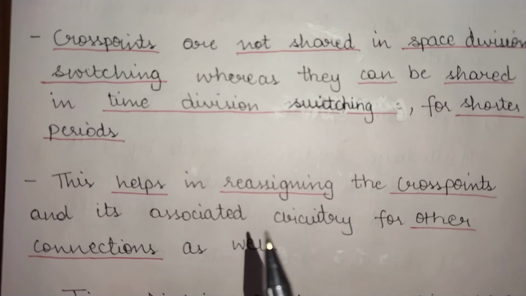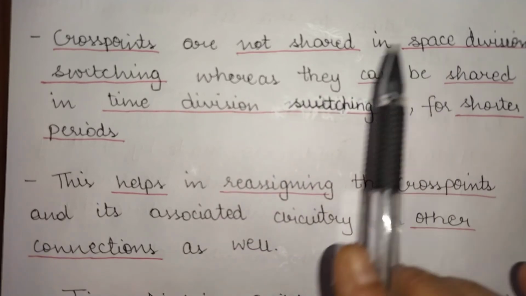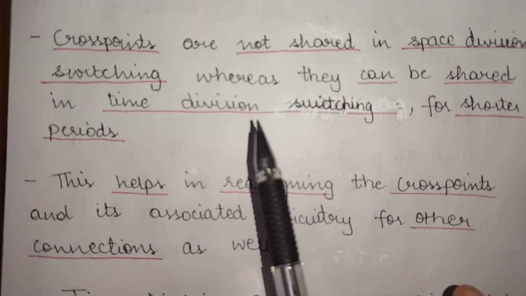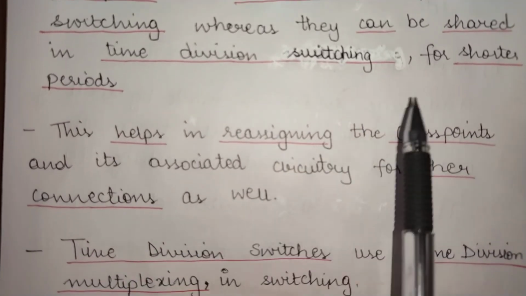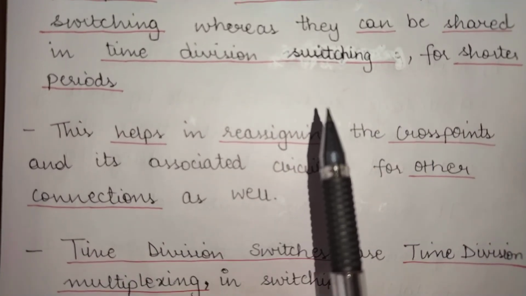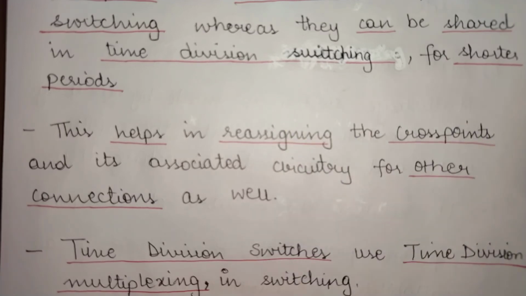So input signals will be using the same cross points but at a different time slot, and the output signals will be using the same cross points again but at a different time slot. So in space division switching, cross points are not shared, and in time division switching, cross points are shared but for shorter periods. I mean the switching between these time slots is very quick, hence for a shorter period.